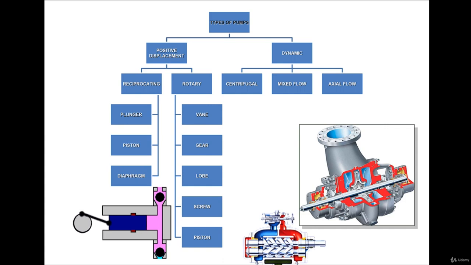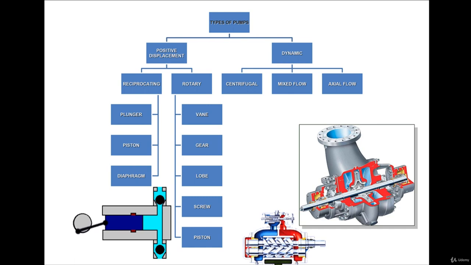The reciprocating type includes plunger, piston and diaphragm, depending on the element moving and in contact with the fluid. This element, which delivers the mechanical energy to the fluid, is either a plunger, piston or diaphragm. The rotary type includes vane, gear, lobe, screw or piston.